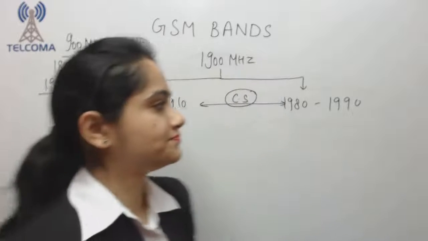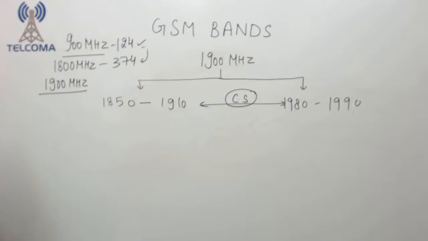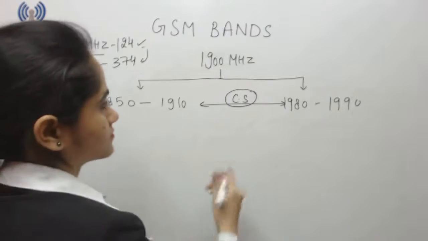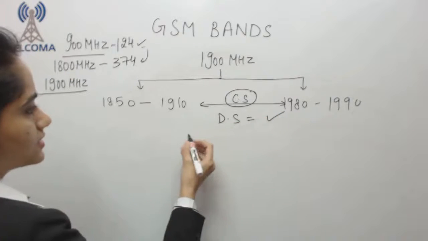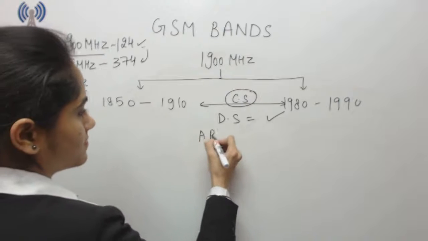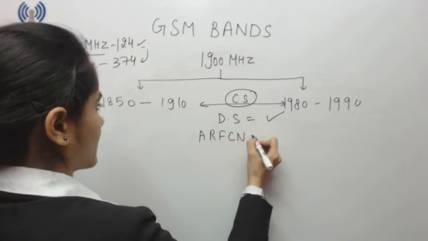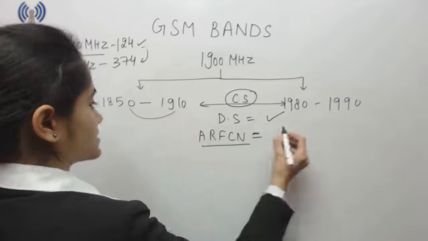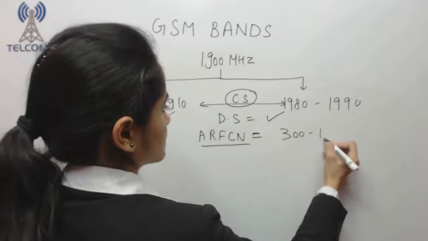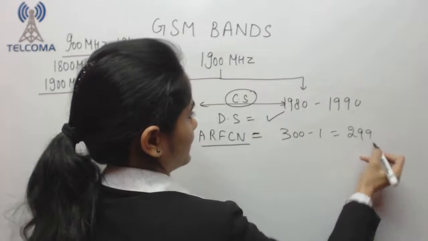Now we can say duplex spacing we can calculate the same. Other than that we have ARFCN, we have a difference of 300 minus 1, which is 299.